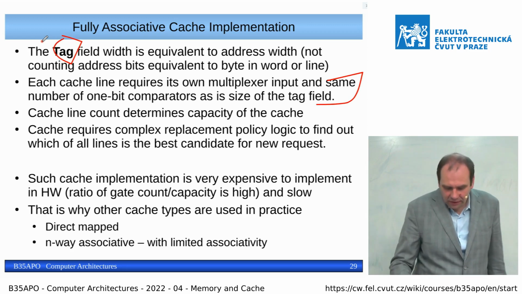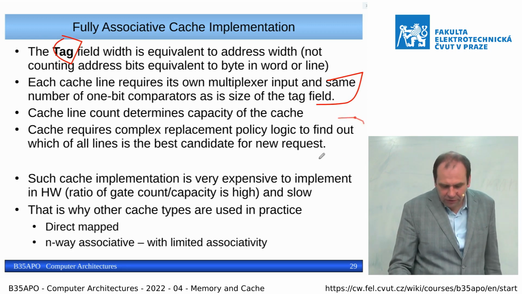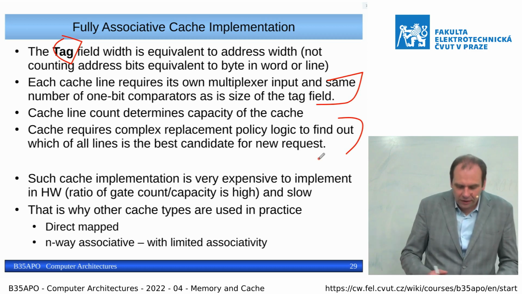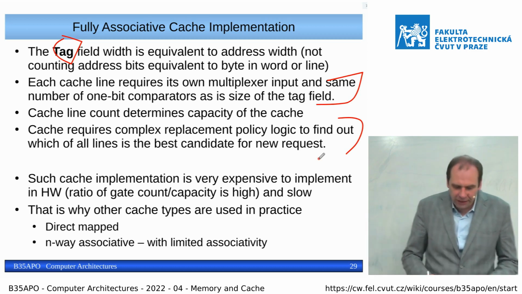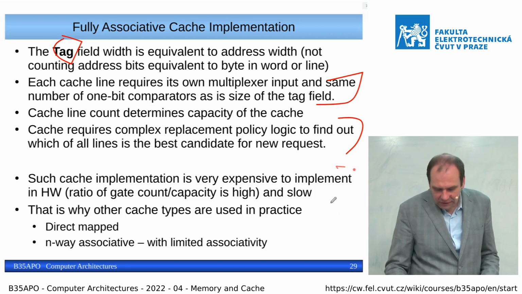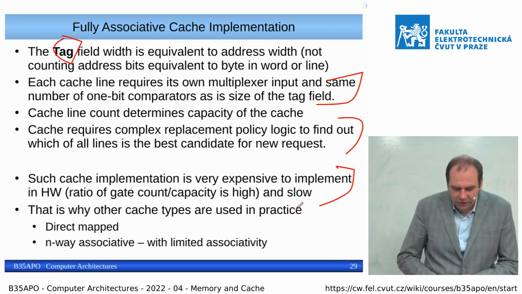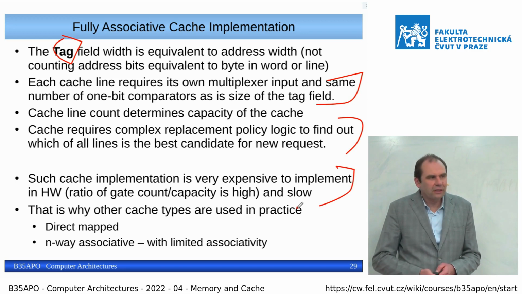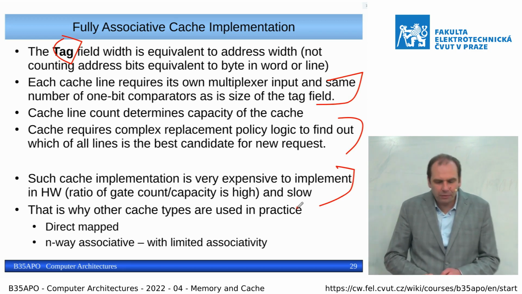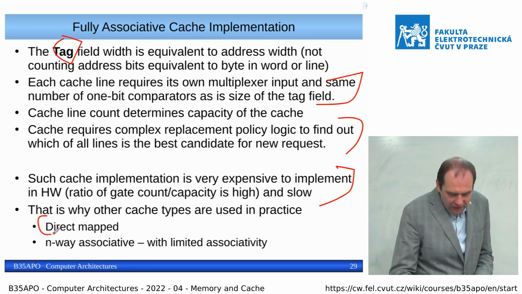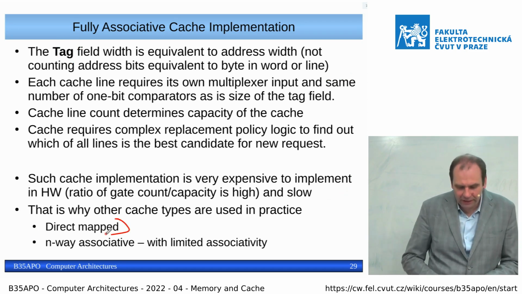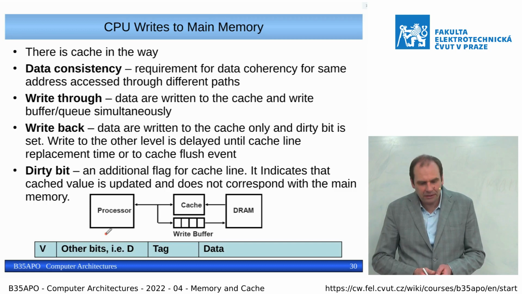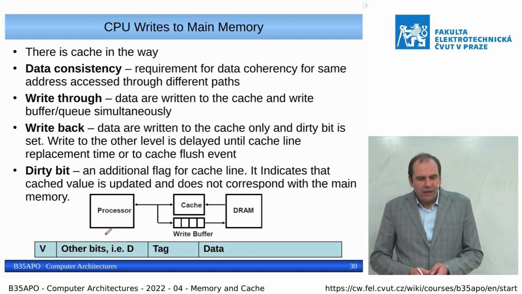But the amount of hardware which you need to add to this cache to check for those matches is too big, and for this reason we usually do not use a fully associative cache. So we try to simplify the hardware, for example, only a single comparator in the directly mapped cache.